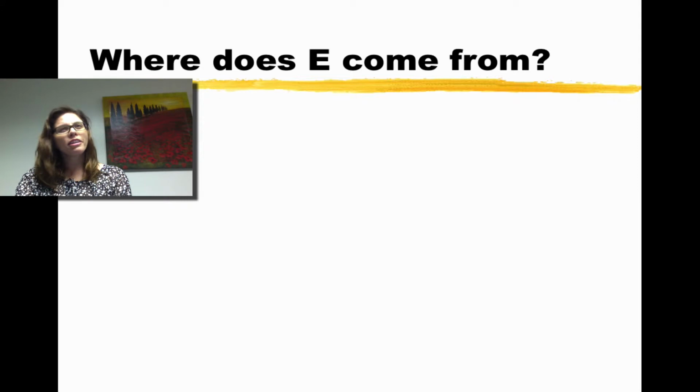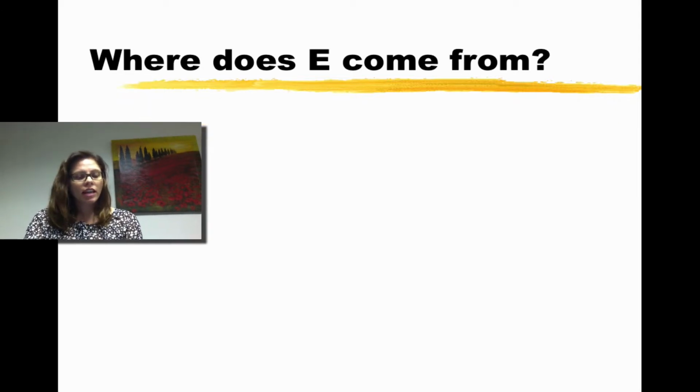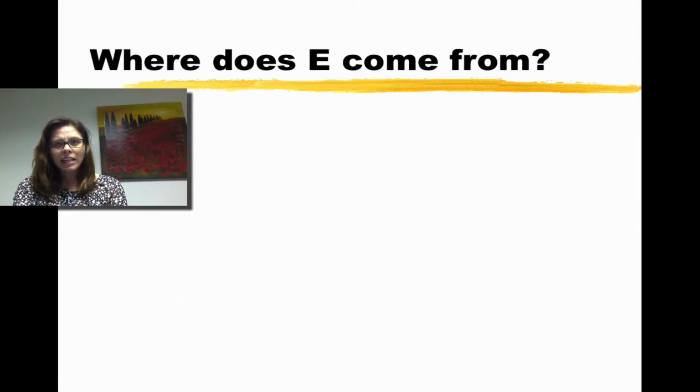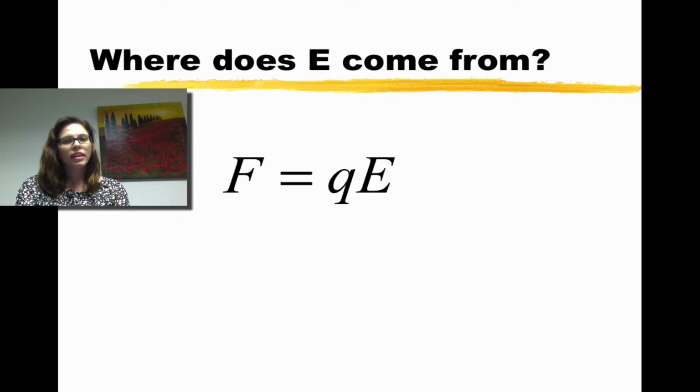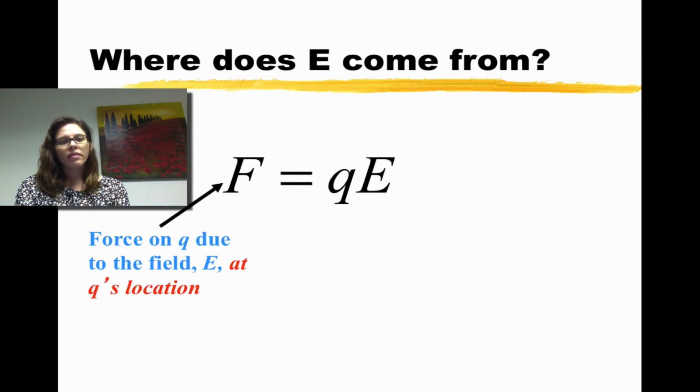You may be asking yourself, well, okay, but how do we find E? That would be really useful, otherwise we have to know what E is at every single point. Well, you're in luck. F equals QE.